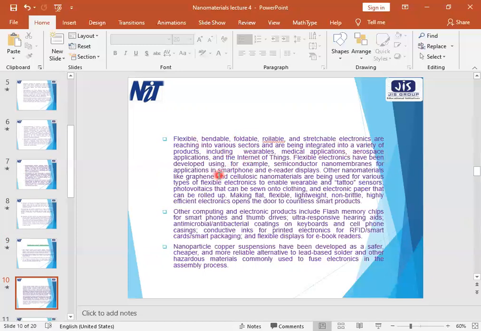So if they can wear some jacket or some shield, or anywhere in the Internet of Things, if you want some shielding, that can be produced with the help of nanomaterials.